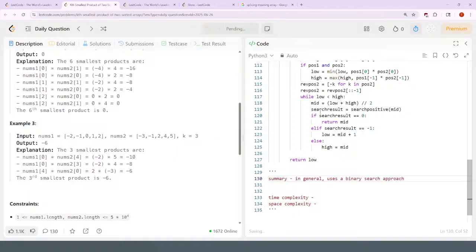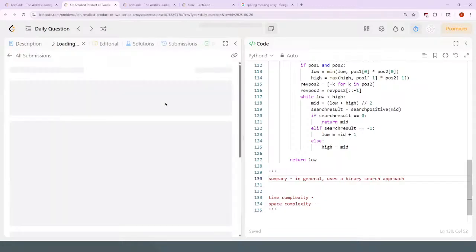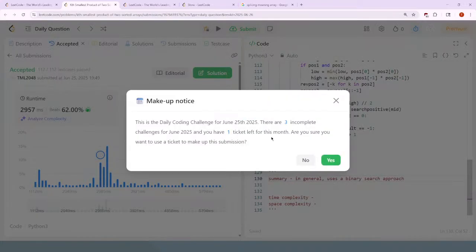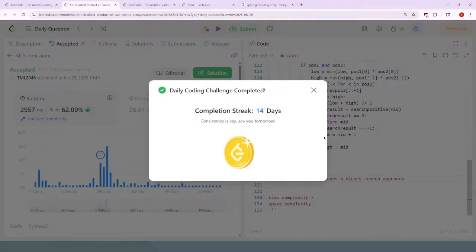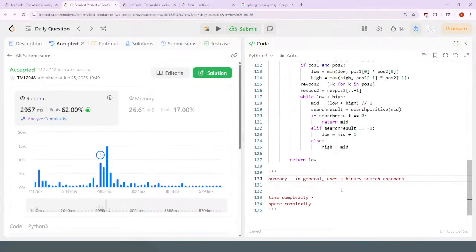And just quickly run to show the speed of it. Oh yeah, and I even bought a ticket to continue my streak.